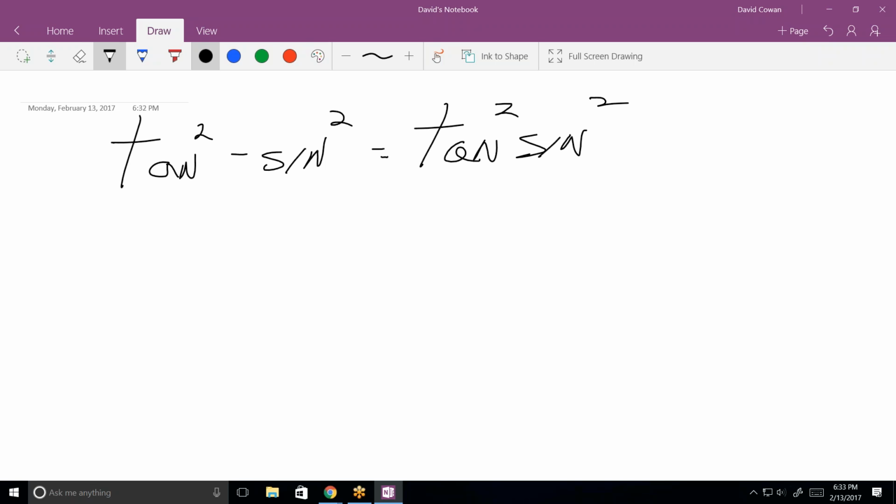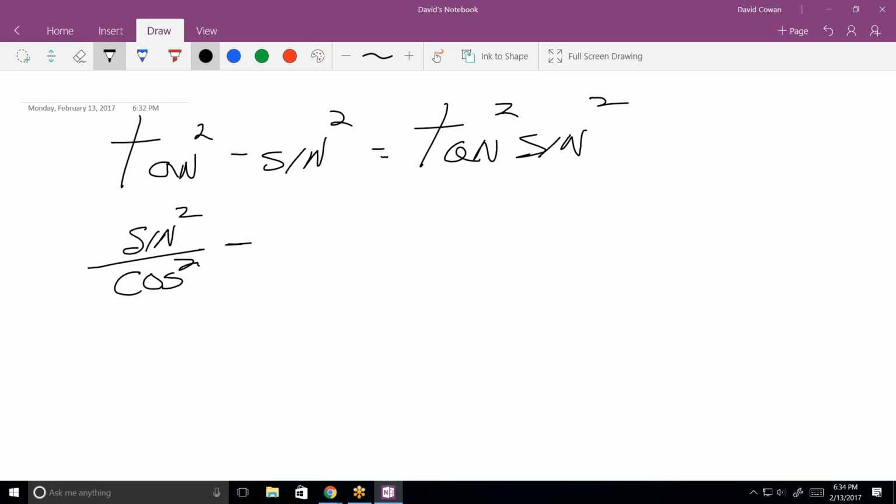So start with the quotient identities on the left. Tan squared is equal to sine squared over cosine squared. Sine squared is equal to what?